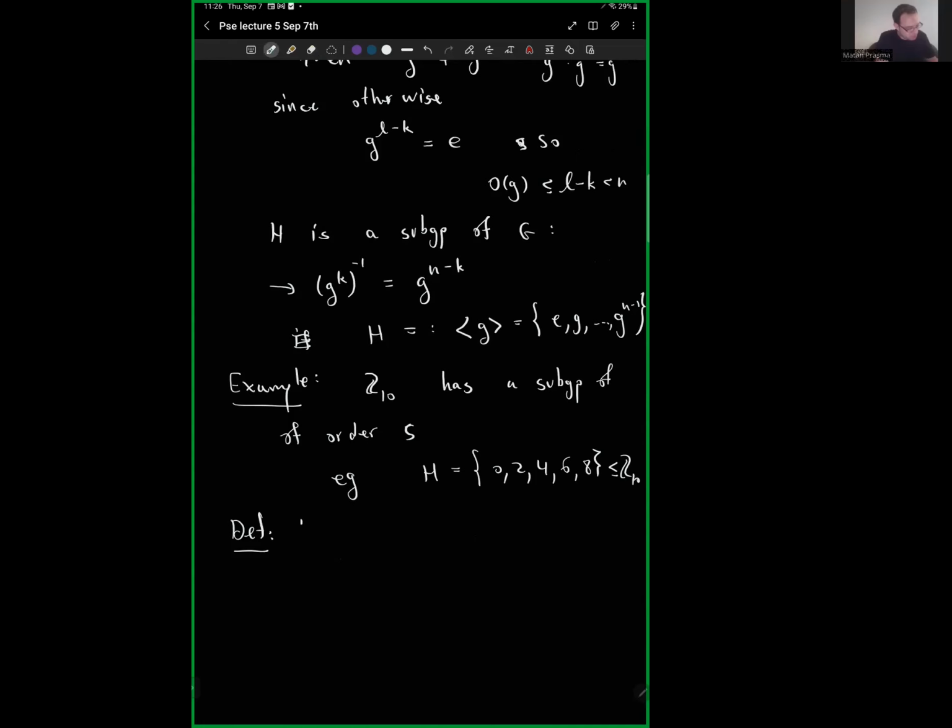Let G be a group, and g some element in capital G. The group generated by g, in the general case, I need to define as g^n such that n is allowed to be any integer.